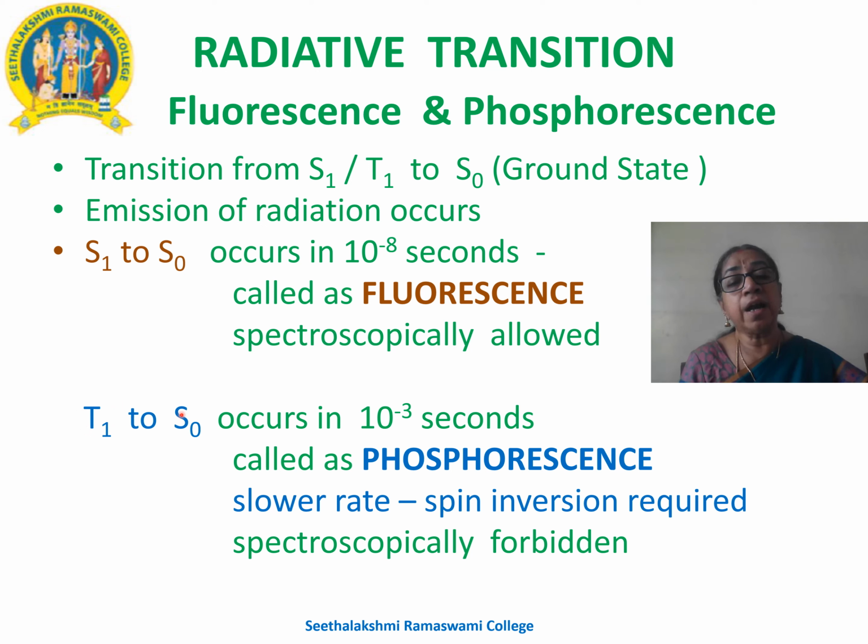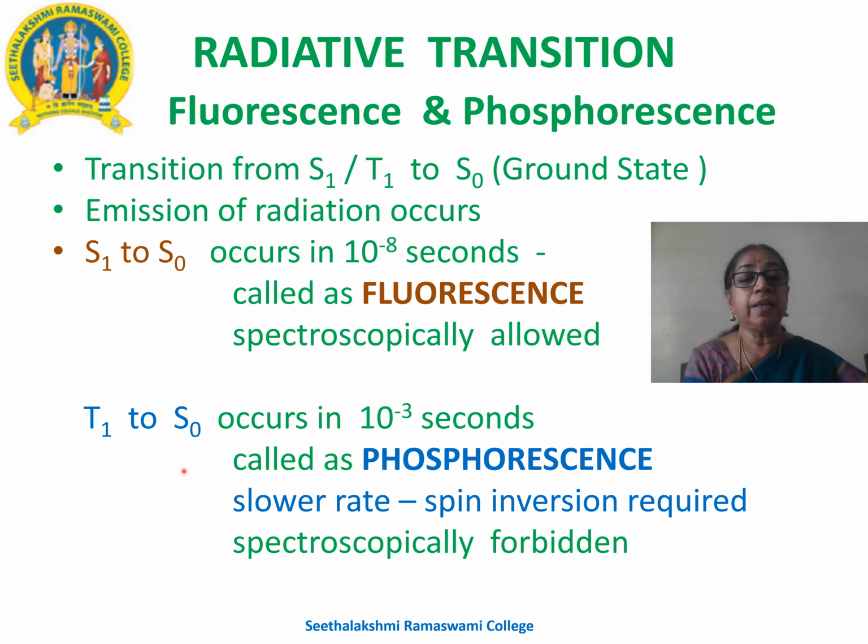If it has to come back to S0, it has to change its spin. That is, spin inversion has to occur, because we have already considered that in the ground state the single electron is present with a clockwise mode of spinning.